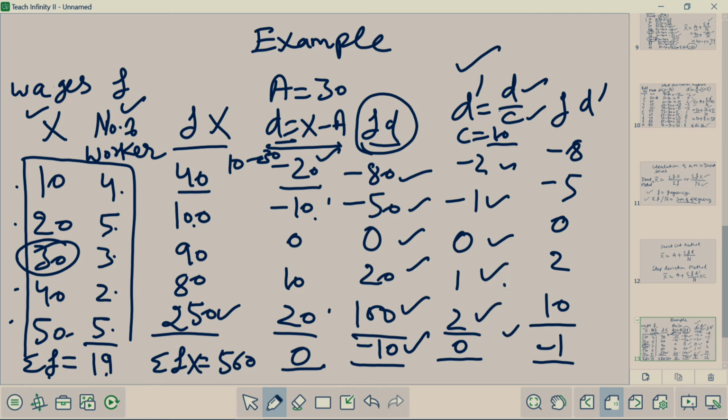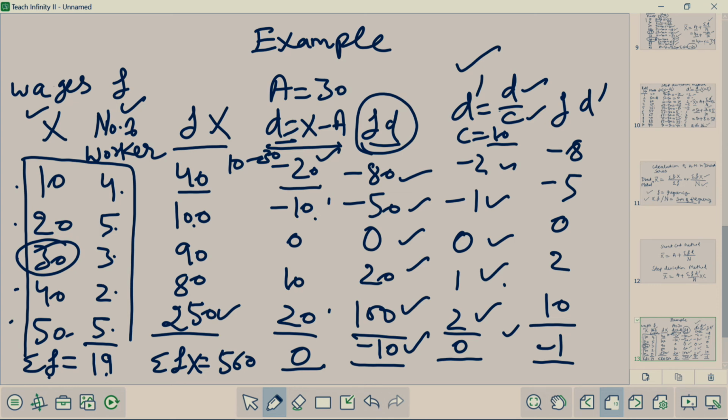The last calculation we require for step deviation is f into d dash. We have d dash: minus 2, minus 1, 0, 1, 2, and we have the frequencies 4, 5, 3, 2, 5.